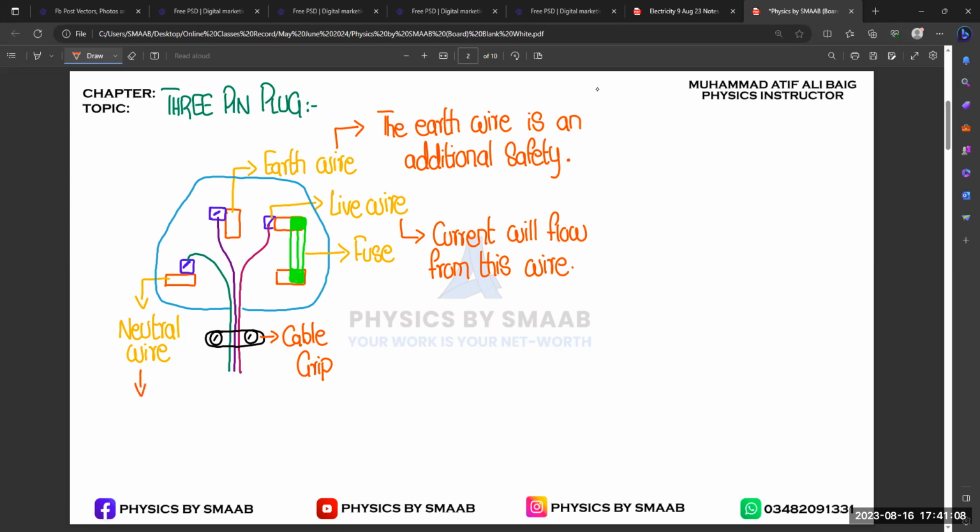So this neutral wire helps to complete your circuit, right?